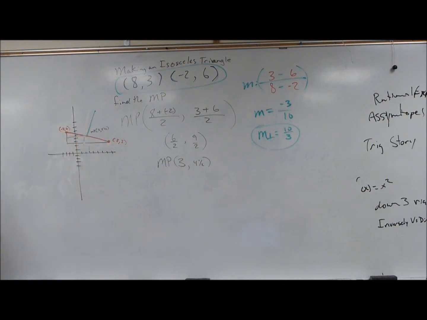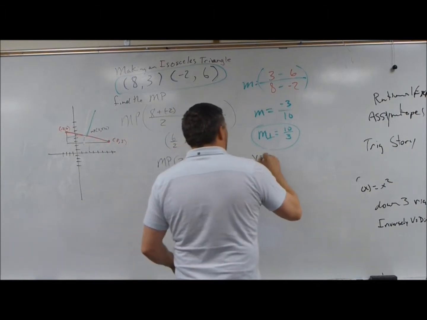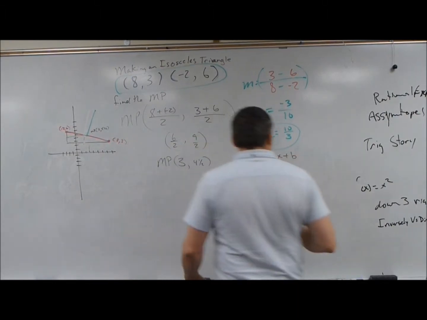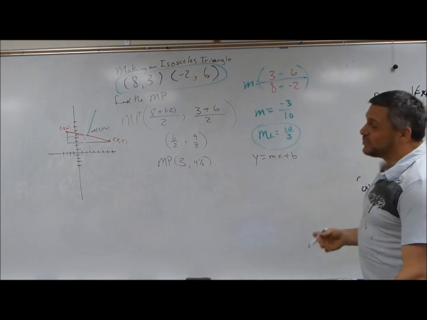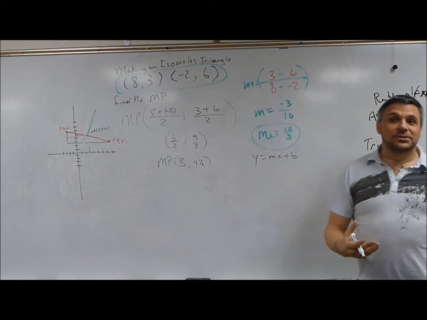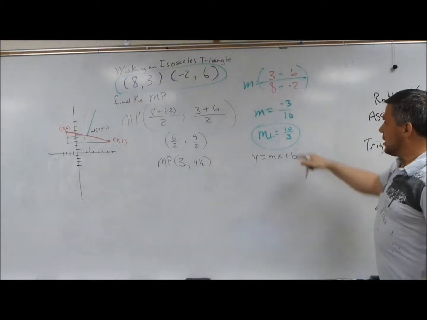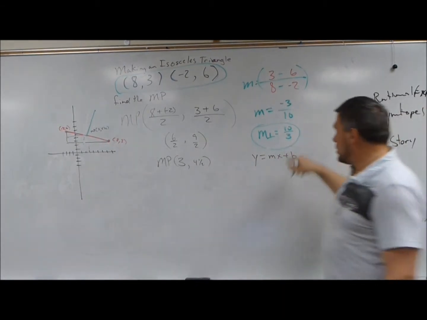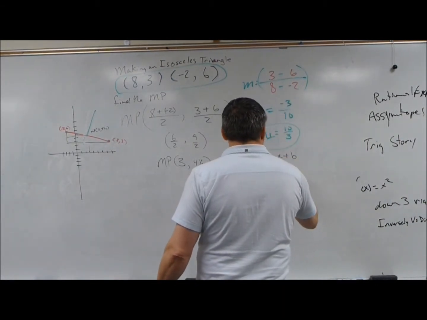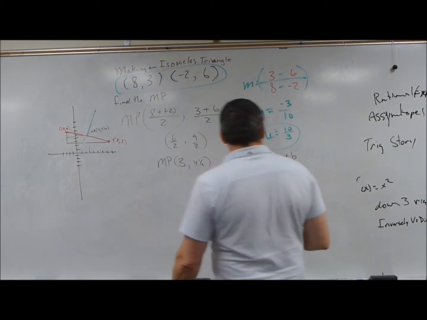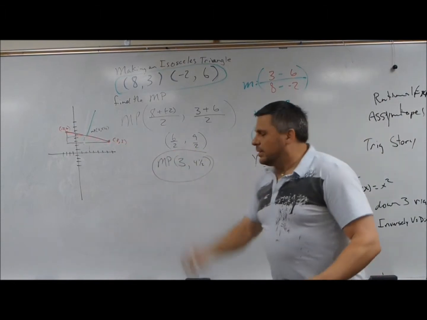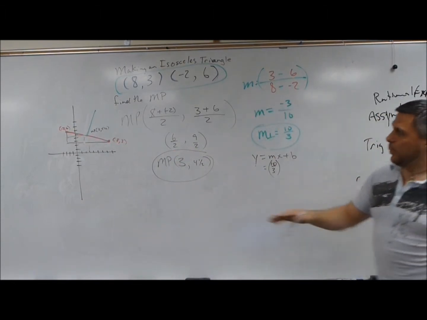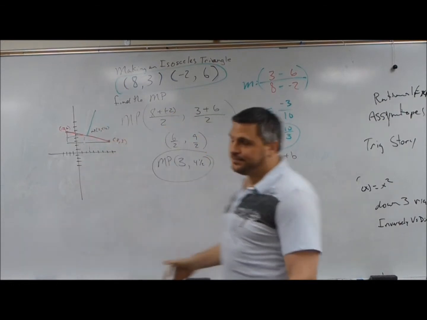And to find the equation of a line, we use our base equation, y equals mx plus b. Okay? This is where we can go wrong: we have to use the right points, and we have to use the right slope. The right slope is the perpendicular slope. So I know that that's 10 over 3. Now I need y and x, so I need to grab the point that I'm going through. The point I'm going through is that midpoint.